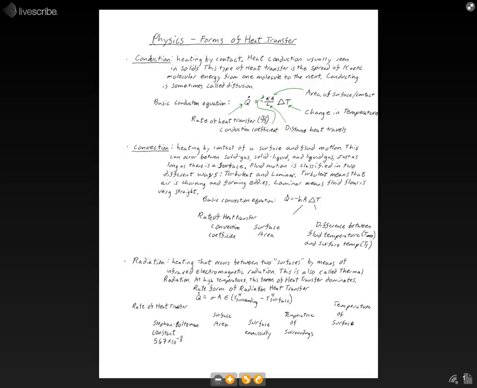So to kind of describe those, a solid gas boundary would be like a wall of your house and the air going across it. A solid liquid boundary would be like a pipe. When you have liquid flowing through a pipe, you have liquid on the inside, solid on the outside.